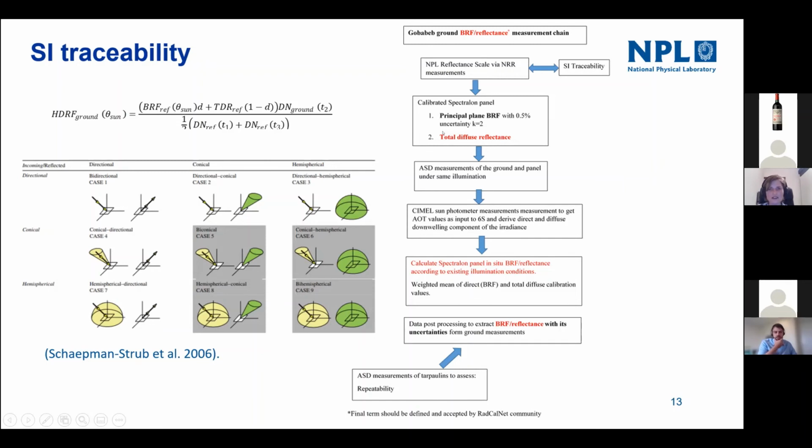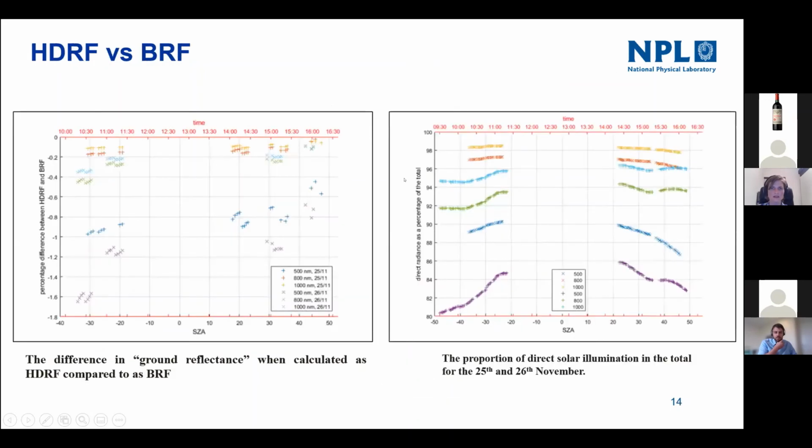Okay. Thank you. So basically, this is what we propose, and this is for example the difference that we can see for some measurements over GOBABEB. We have different proportions of direct solar illumination, and obviously it's changing with the wavelength scale, and we can see what is the difference between using what we call the HDRF method to calculate ground reflectance versus BRDF.